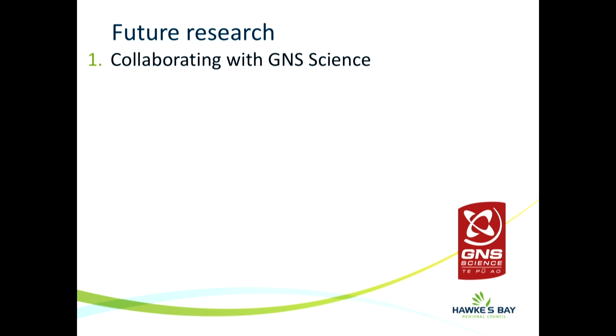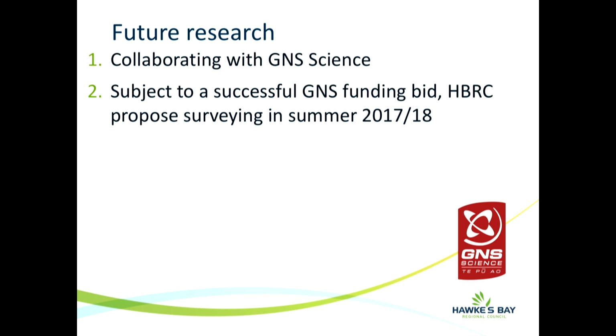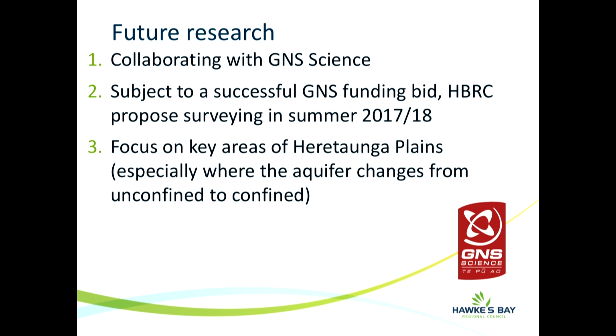So as I said, we're hoping to collaborate with GNS Science on this one. It depends on success with a funding bid to MBIE. And if GNS is successful at that, then we're proposing to survey next summer, and focus on those key areas of the Heretaunga Plains.